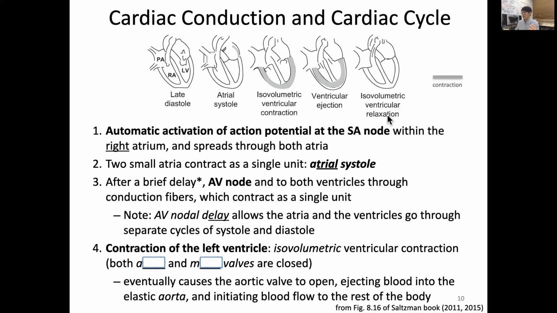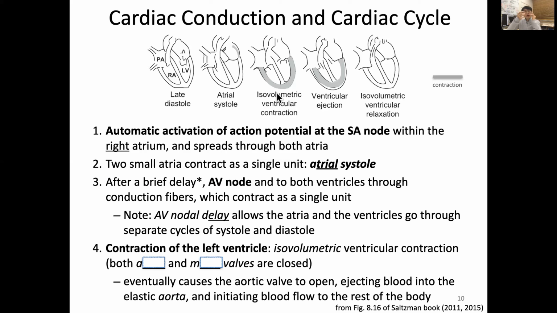So that is ventricular relaxation. The contraction of the left ventricle, we call isovolumetric ventricular contraction. And why do we call this isovolumetric? Meaning that the volume doesn't change. This ventricle has two valves, especially the left ventricle: from the left atrium to the left ventricle, there's a mitral or bicuspid valve, and from the left ventricle to the aorta, there's an aortic valve.